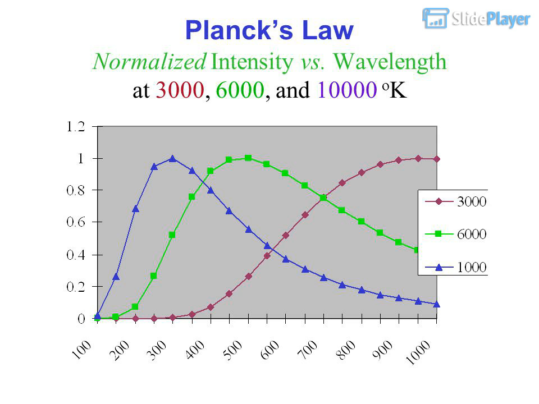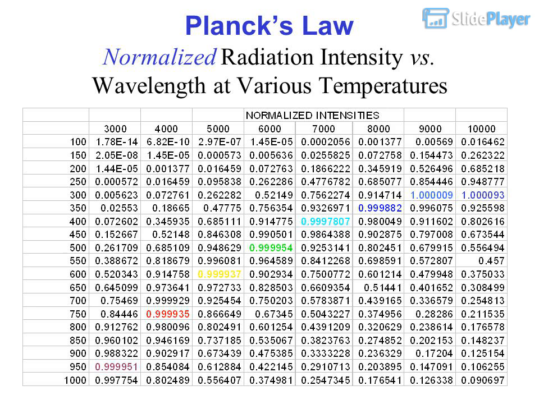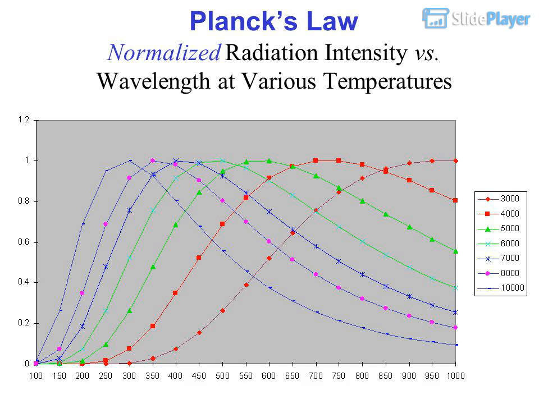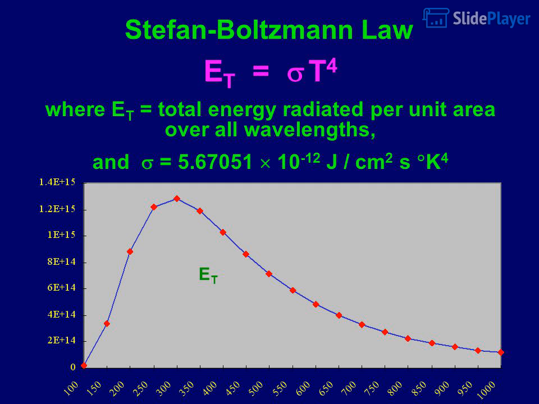Planck's law: normalized radiation intensity versus wavelength at 3000, 6000, and 10,000 K, and at various temperatures, where E_T equals total energy radiated per unit area over all wavelengths.